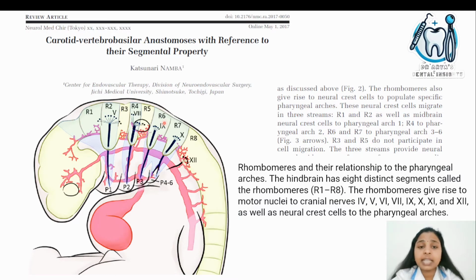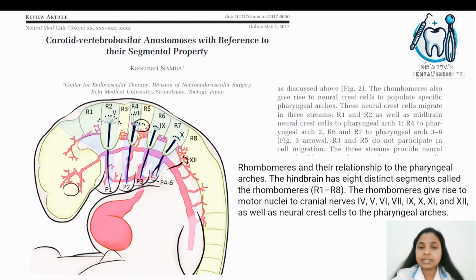And R6 and R7 to the pharyngeal arches number 3 to 6. So R3 and R5 do not participate in the cell migration. So R1 and R2 together form P1, that is pharyngeal arch number 1, and R4 leads to P2, and R6 and R7 lead to 3 to 6.